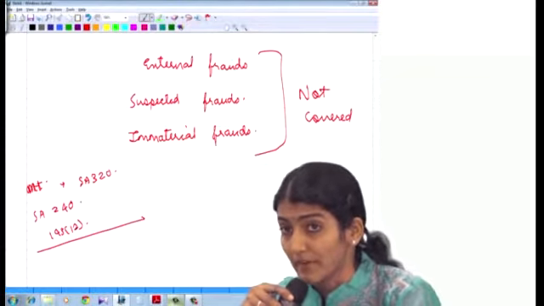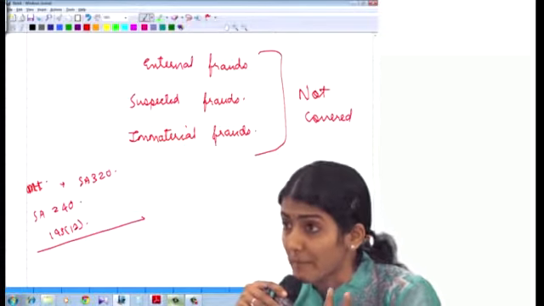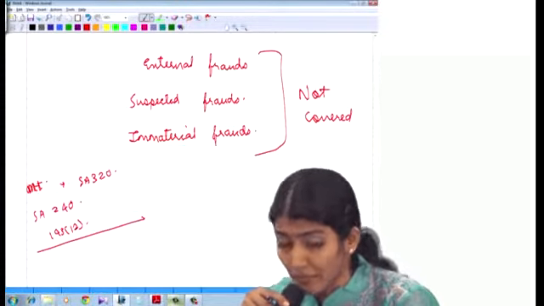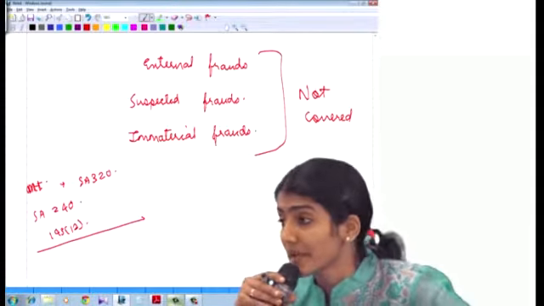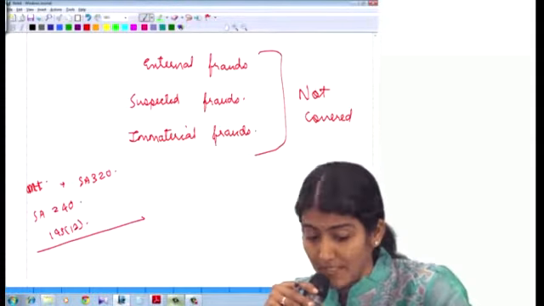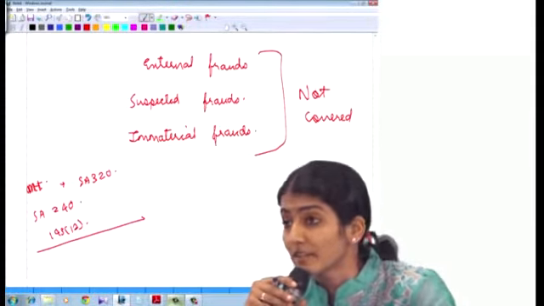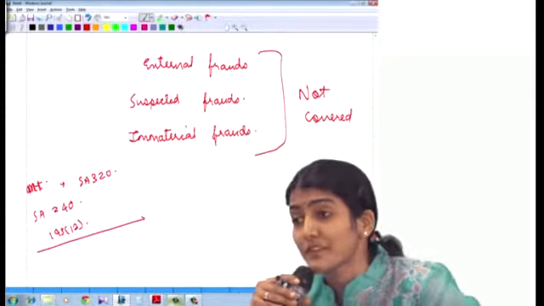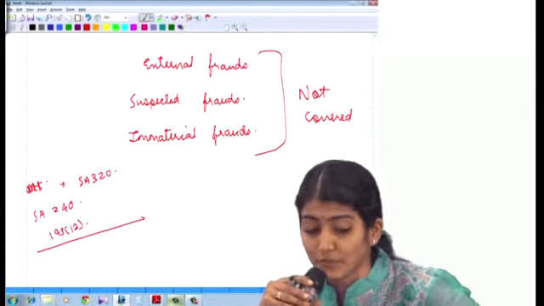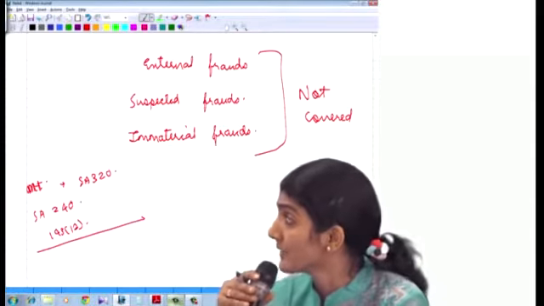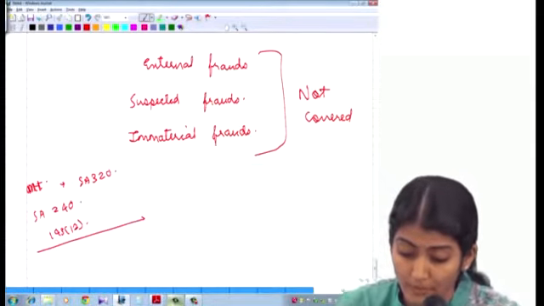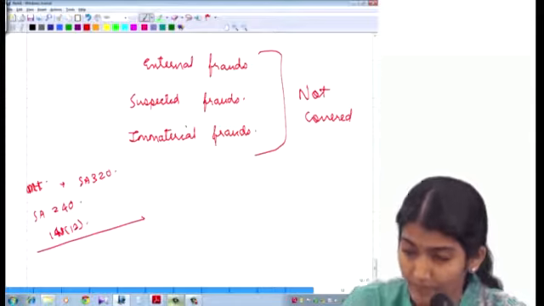External frauds not covered. Suspected frauds not covered. Immaterial frauds, no reporting required over here. Materiality to be considered in accordance with 320. You also need to follow the procedures and maintain an attitude of professional skepticism as laid down in 240, and also 143.12, that is the duty to report the fraud to CG.